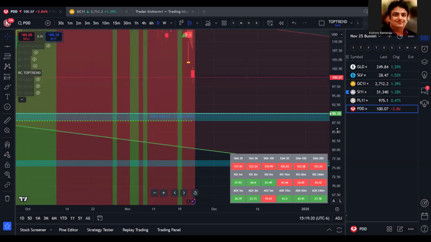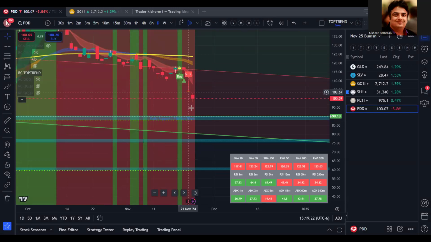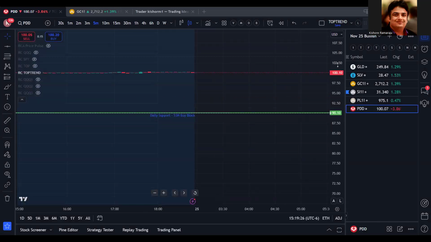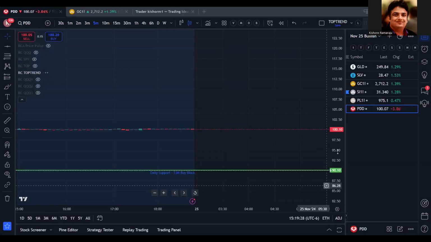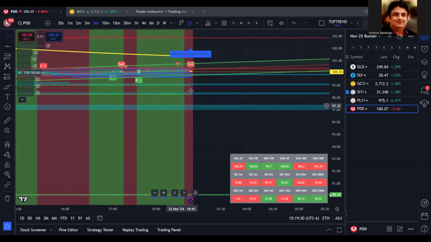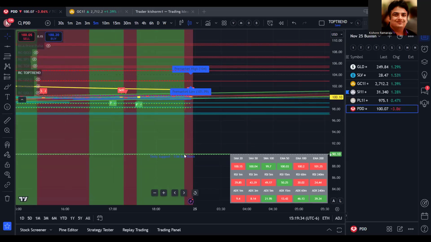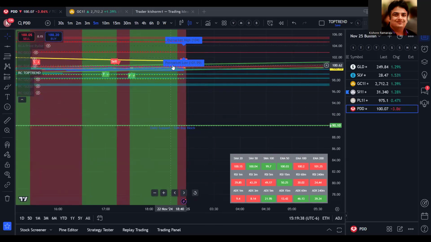For example, it may come all the way down here. If I see a buy signal close to that, then generally that will be a very good opportunity. There might be a little more drop, but maybe Monday or Tuesday, price may come here.